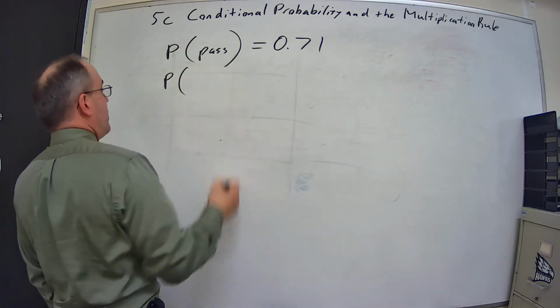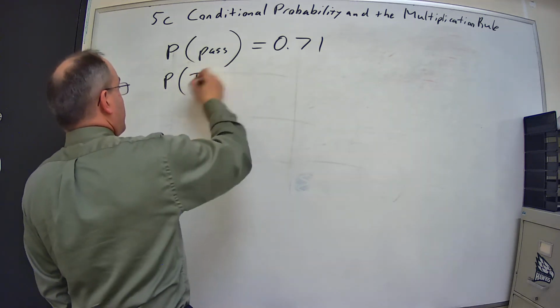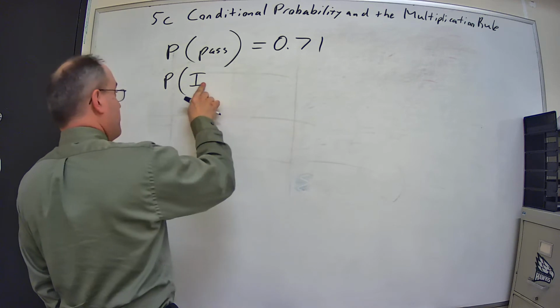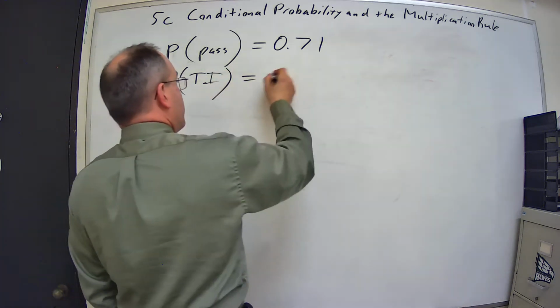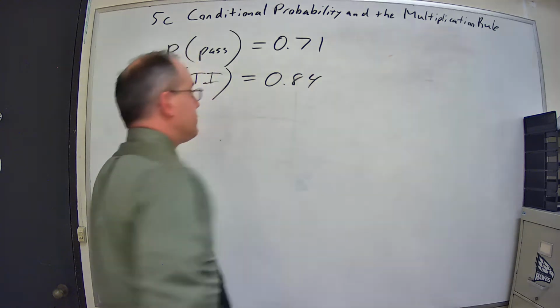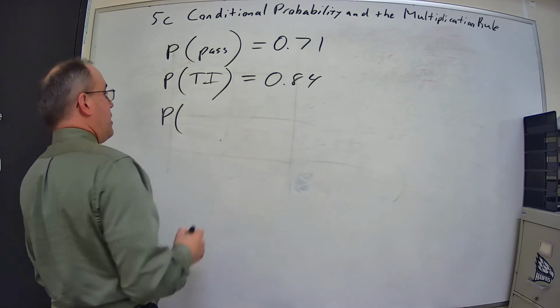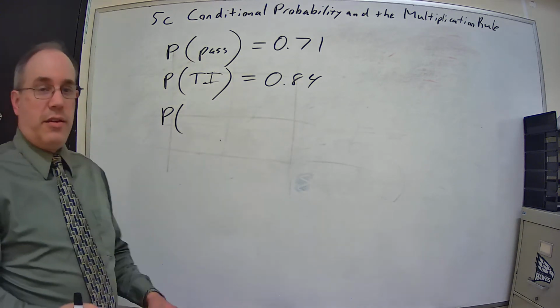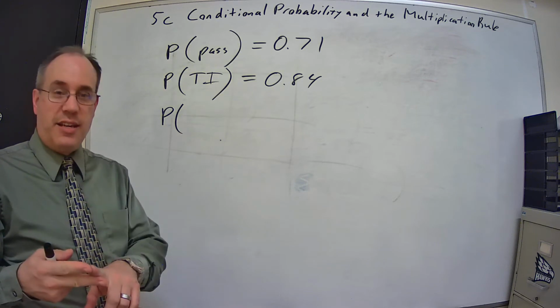The probability that a student has a TI calculator is 0.84. The probability that a student passes and has a TI calculator.